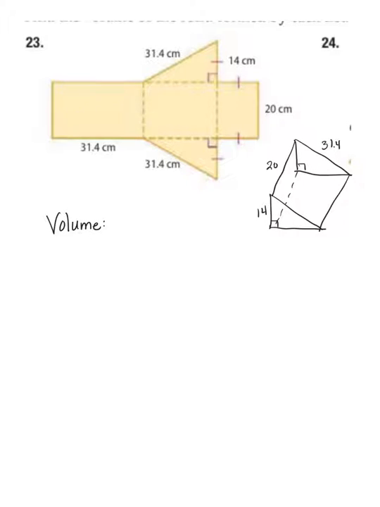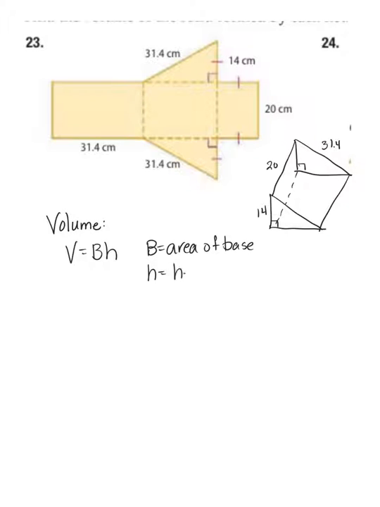So if I want to find the volume of a prism, any prism that I have to find the volume of, since this is a right triangular prism, I'm going to use that the volume is the area of the base times the height of the prism. Now again, B is the area of the base.